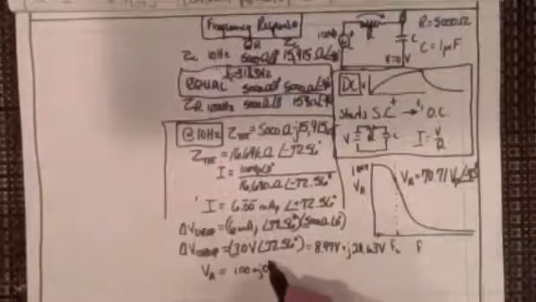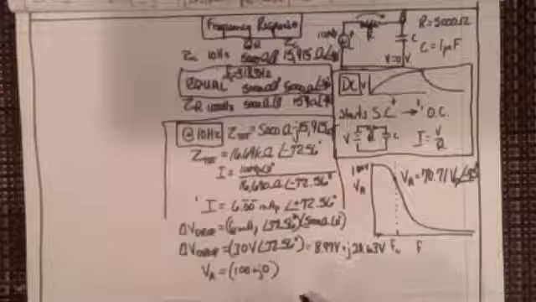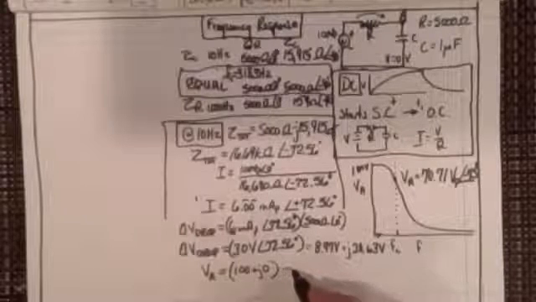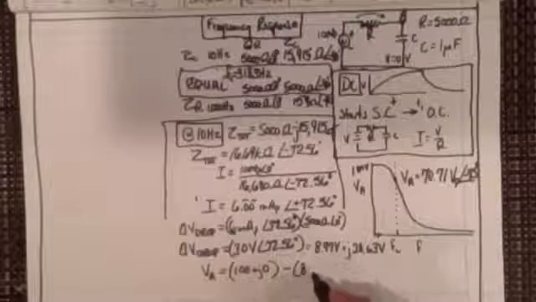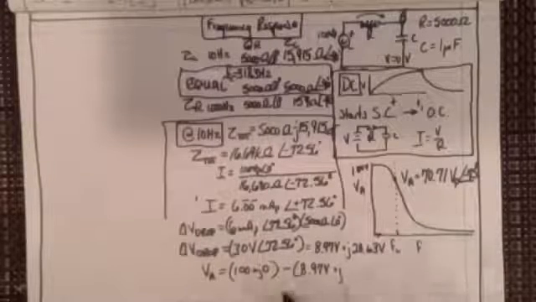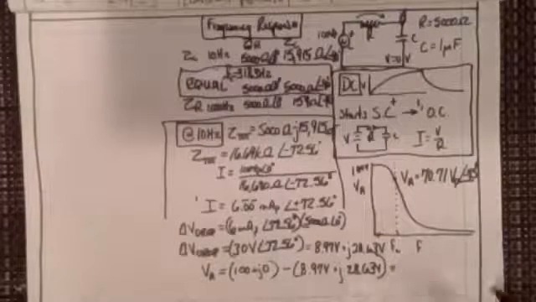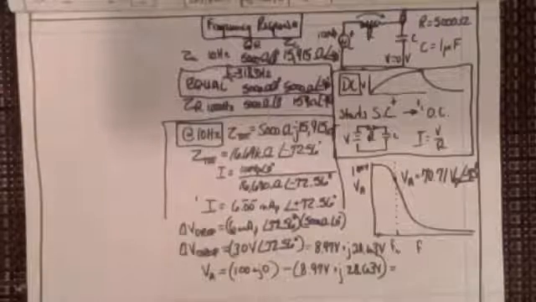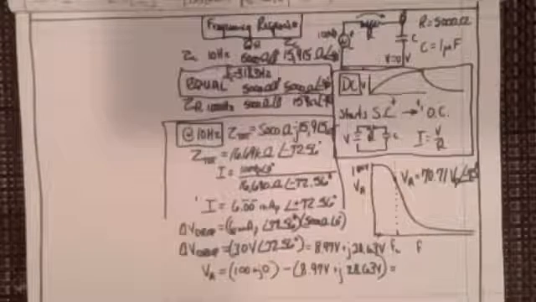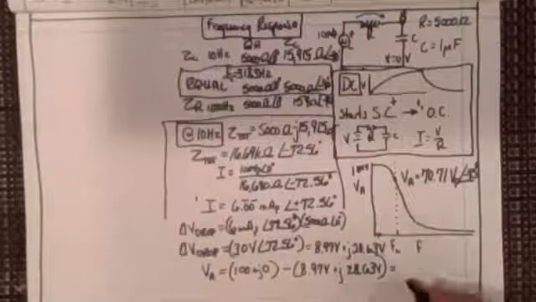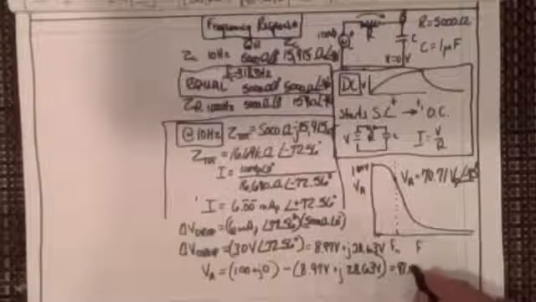It's rectilinear coordinates. Anyway, let me just show you. So 100 plus j0 minus 8.97 volts plus j, and of course that minus is going all the way through there, 28.63 volts. So 100 minus 8.97 gives me 91.03.